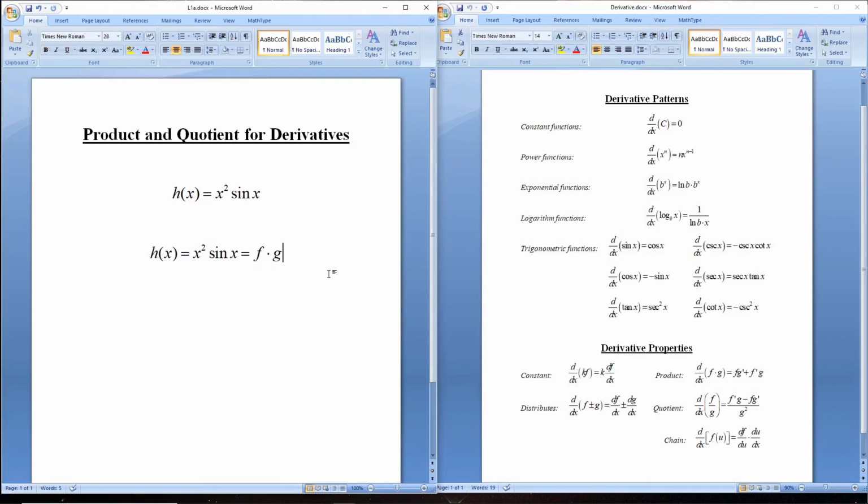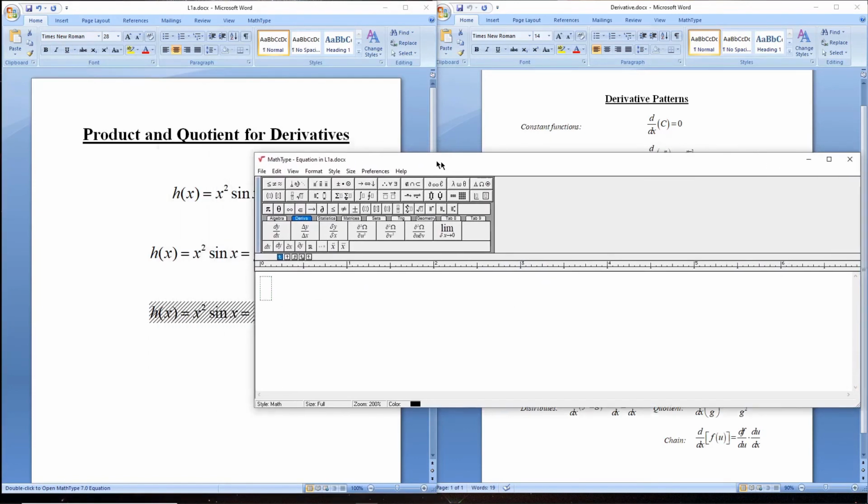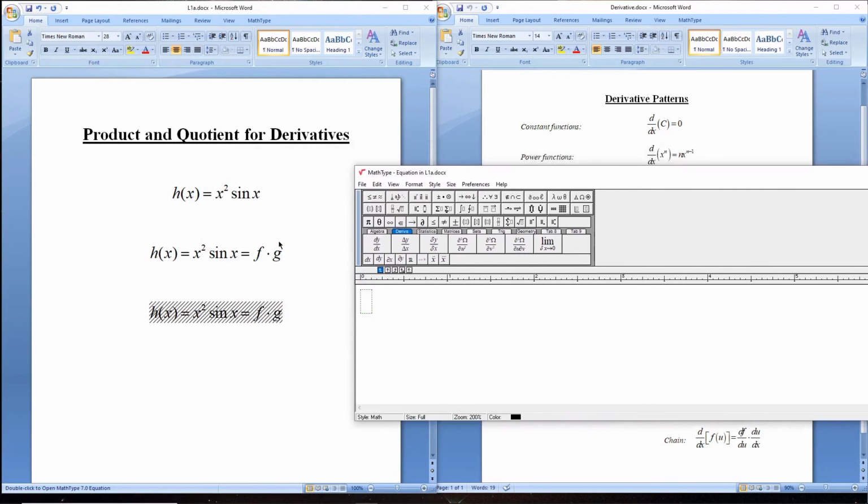And then we're going to identify what we are saying is f and g. So if we go back to our equation here, we're going to say f is the power function, and we're going to say that g is the trig function.